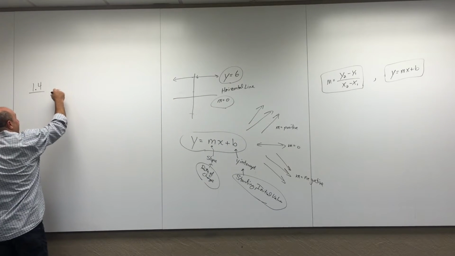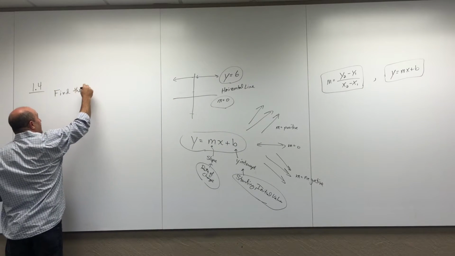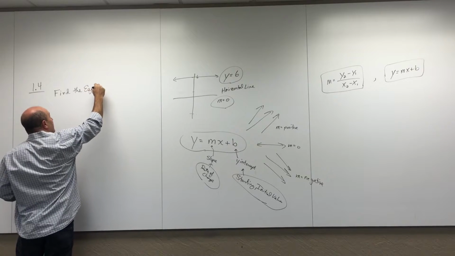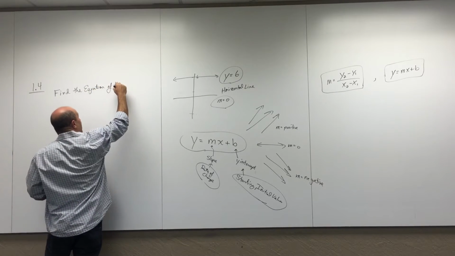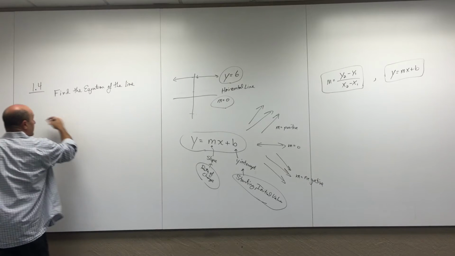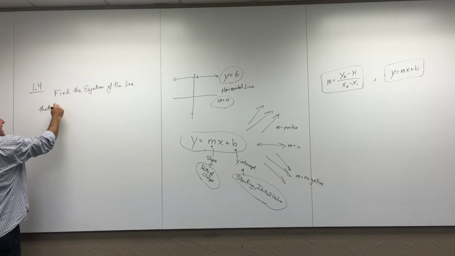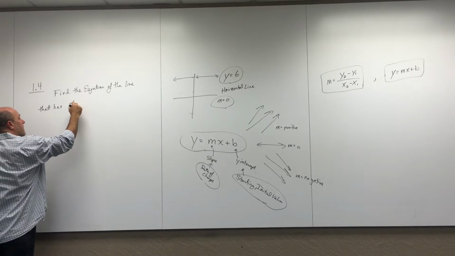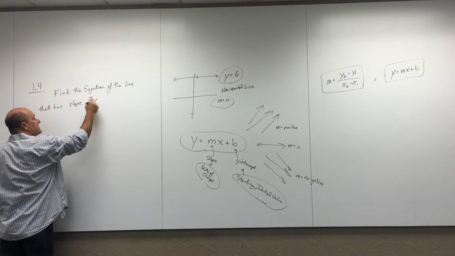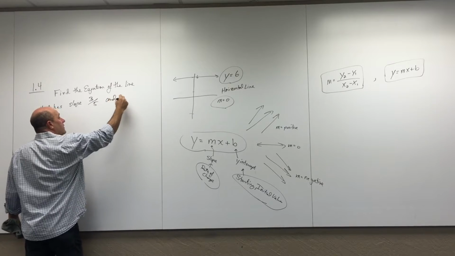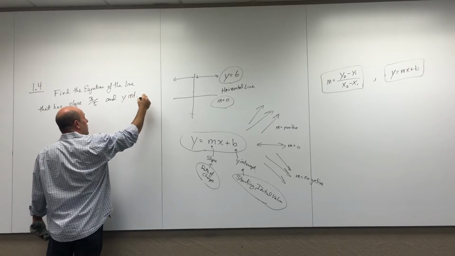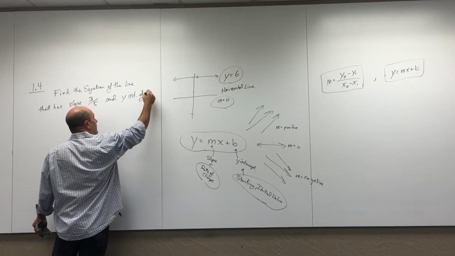So the question is, find the equation of the line. That's the typical question, and I can give you a couple of things. I think I'll give you this: it has a slope of 3/5 and a y-intercept, this is too boring actually, of -3.